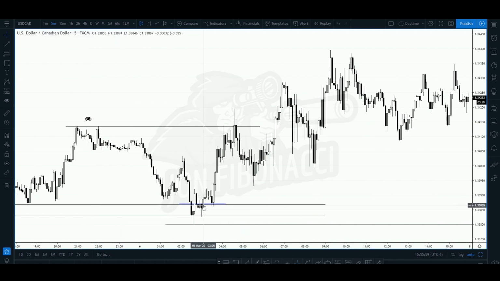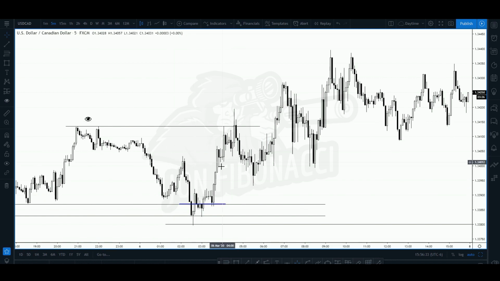So very, very little drawdown, maybe 5 pips at the most, maybe 7 if you include the spread, and it went right for the liquidity. I got out at 34.15, just the next whole pip after whatever this level is, 34.13.